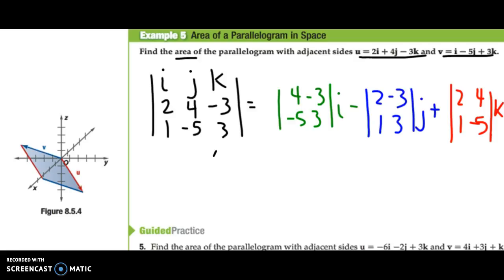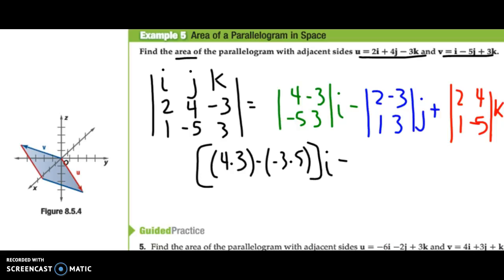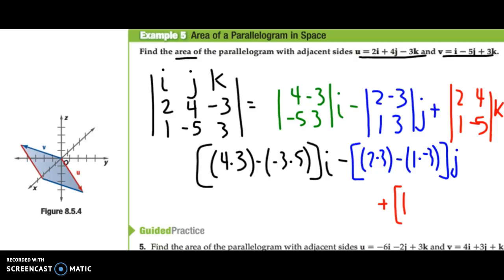So it's going to be 4 times 3 minus negative 3 times negative 5, all of that is for i. Then minus 2 times 3 minus 1 times negative 3, all of that is for j. And then k is going to be 2 times negative 5 minus 1 times 4.